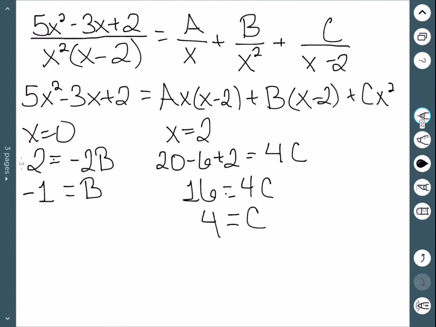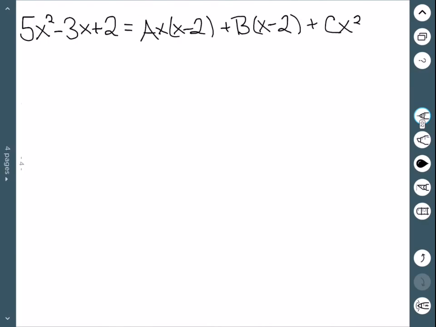We also need to find A. However, that's a little bit trickier here, because there's nothing that we can pick for x that'll make both the B term and the C term cancel and go to 0. So we have to get more creative. Essentially, we're going to start by multiplying things out on the right-hand side.